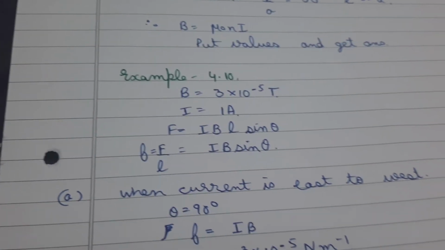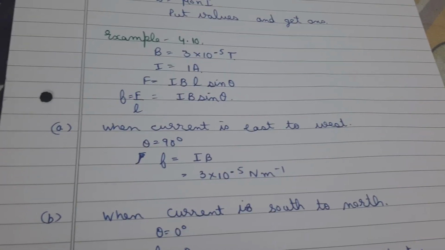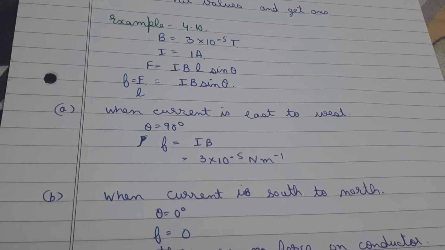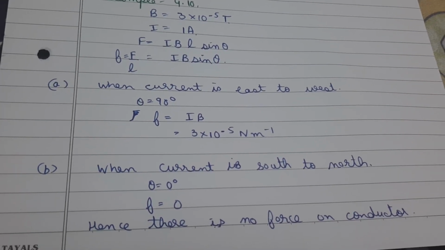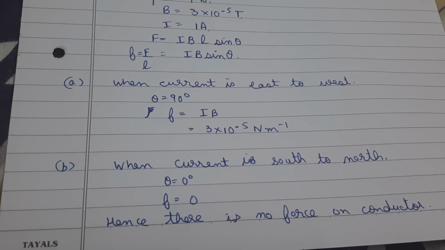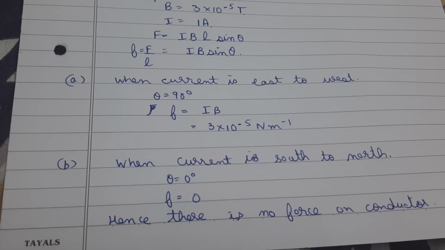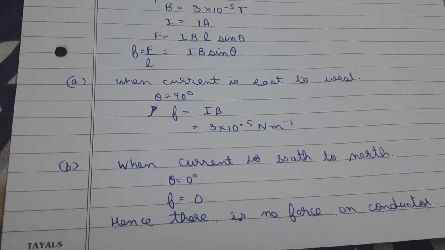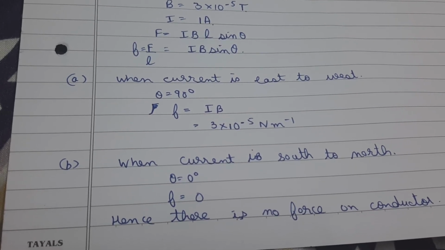Now here B is given as 3 into 10 raised to power minus 5 Tesla. I is 1 ampere. Force is equal to I B L sin theta. We need to calculate the force per unit length, that is small f is equal to capital F by L, that is I B sin theta.